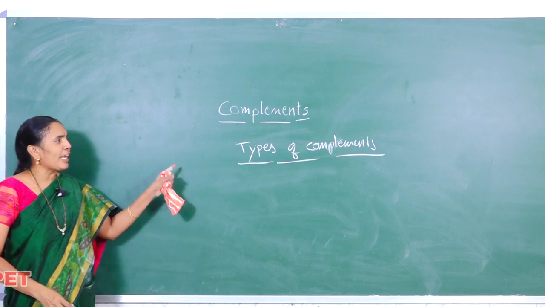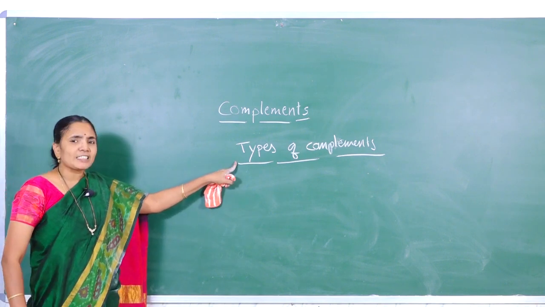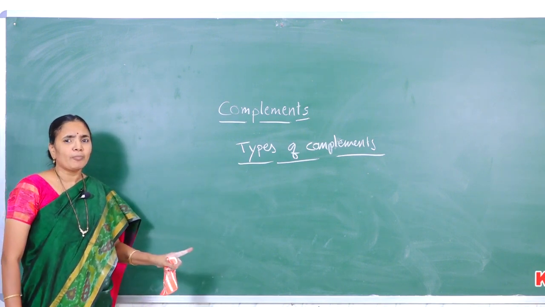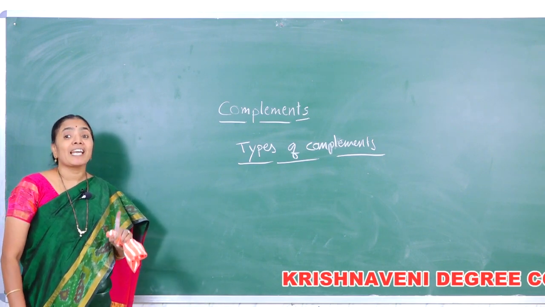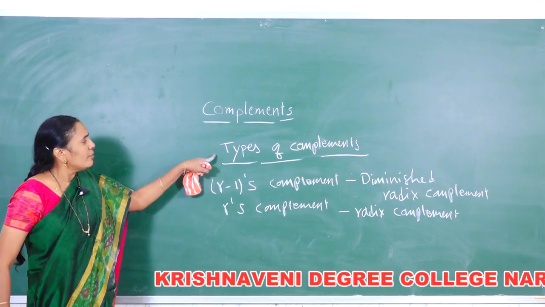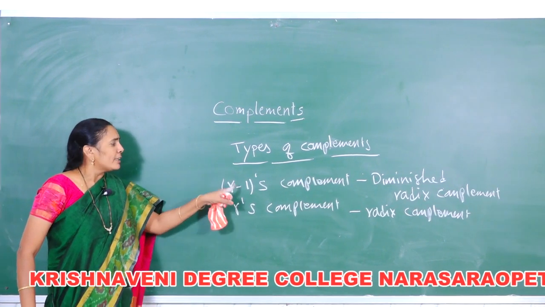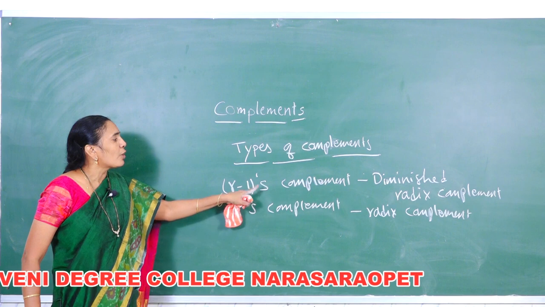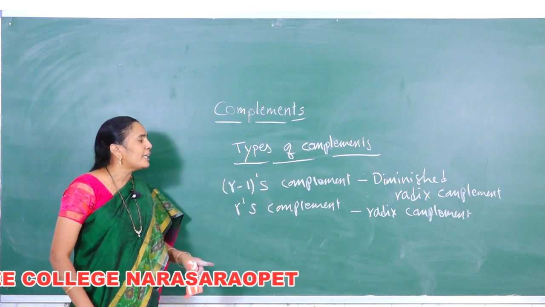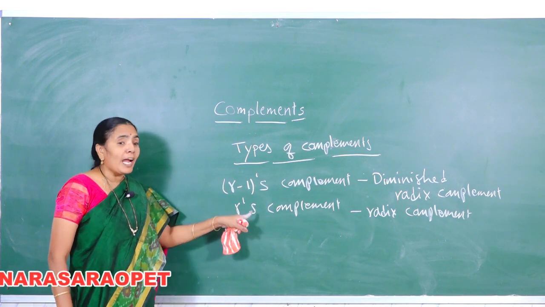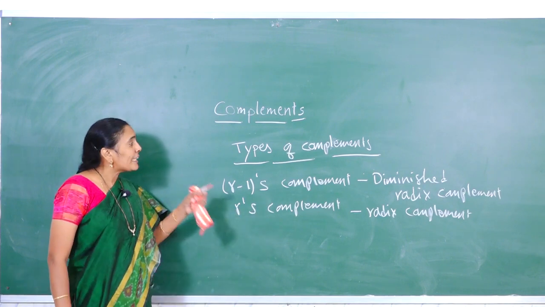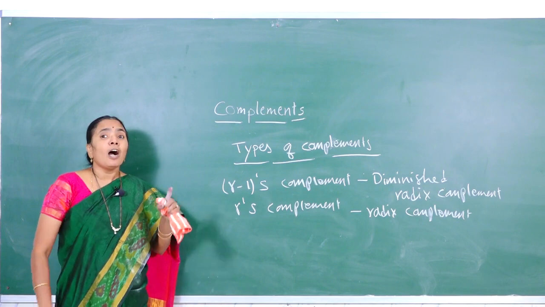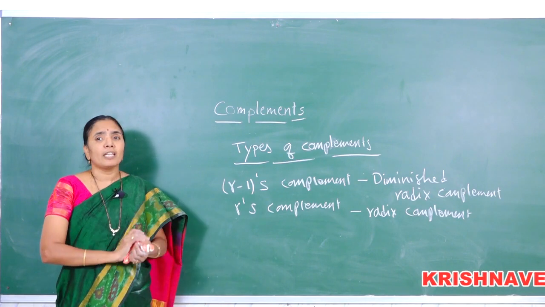In the previous video we discussed that in a number system we have the base, which is also called the radix. Here we have 2 types of complement: the r minus 1's complement, which is known as the diminished radix complement, and the r's complement, which is known as the radix complement. The next topic is how to find the complement of a given number.